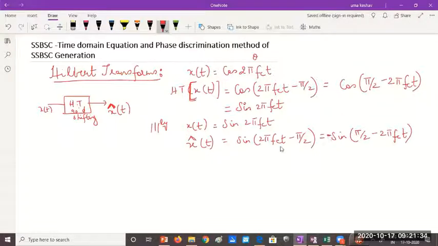Because when I'm interchanging the positions, I should multiply with a minus sign, and sine of minus theta is minus sine theta. We know that the sine comes outside. How much is sine of 90 minus theta? Cos theta. So cos 2 pi fct, and I already have a minus sign.